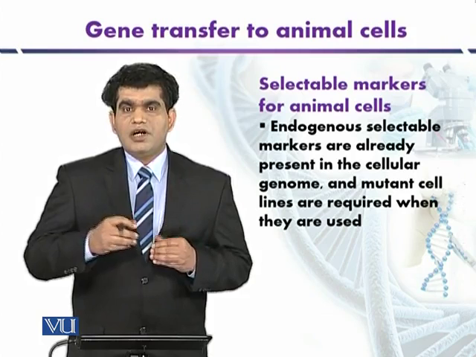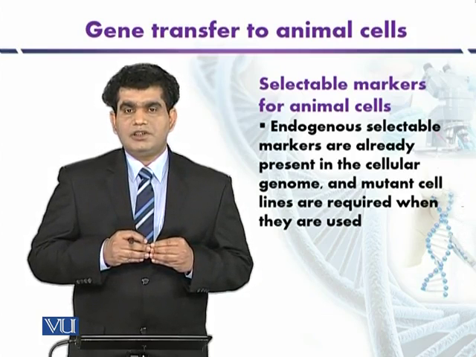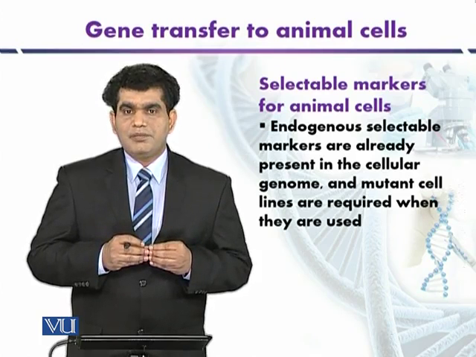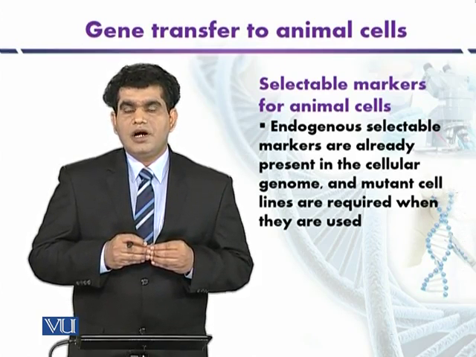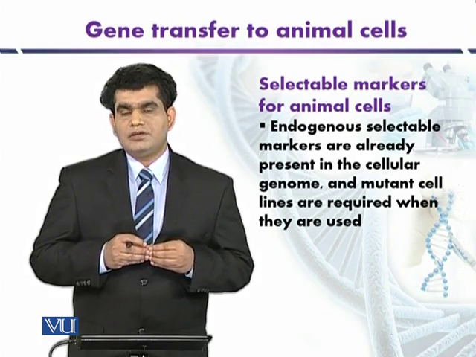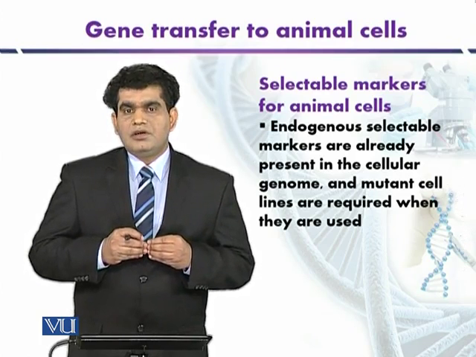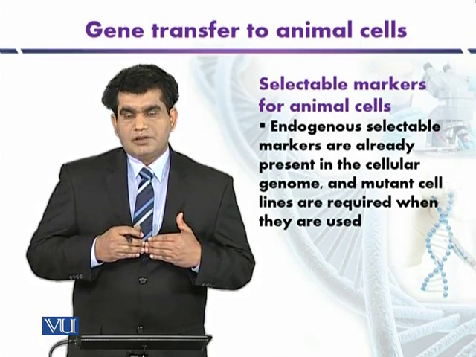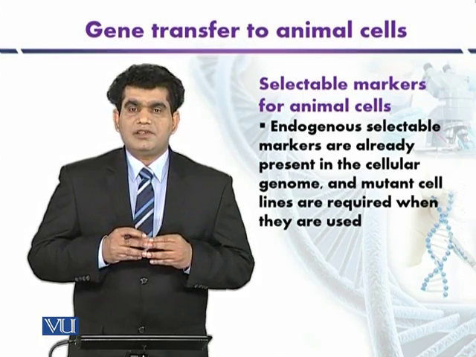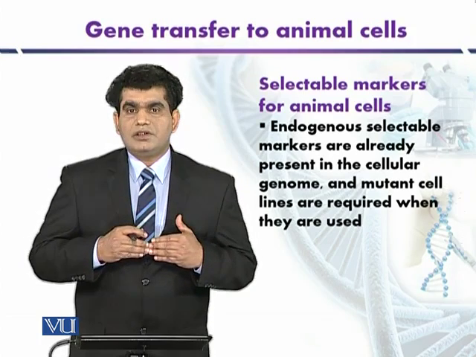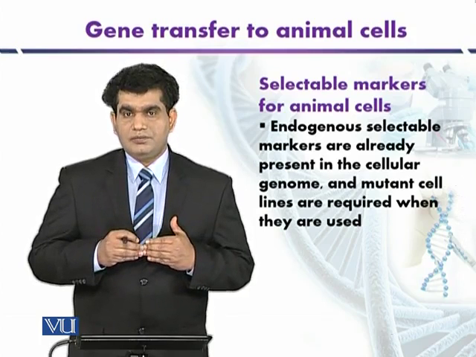And earlier we also focused on the Hprt enzyme. Hprt, if you remember, stands for hypoxanthine guanine phosphoribosyl transferase. And this enzyme can also be used as a selectable marker. The most important point is that these two enzymes are very important for the salvage pathway.